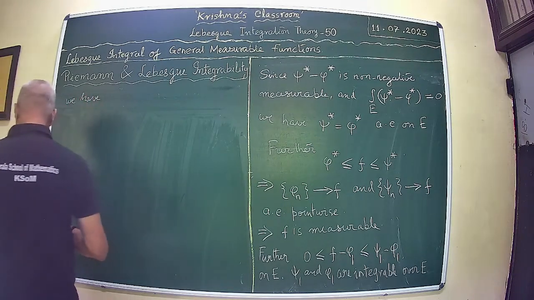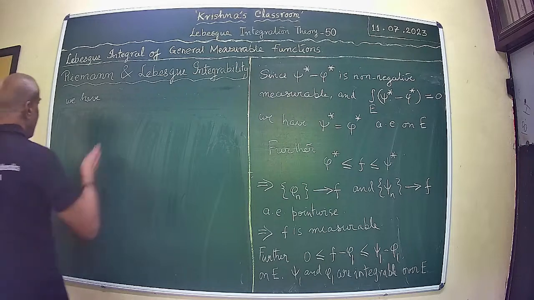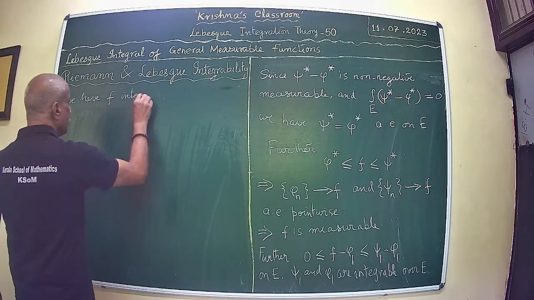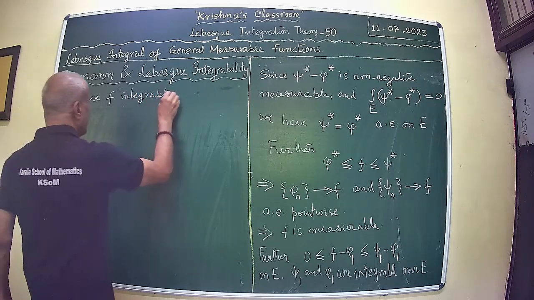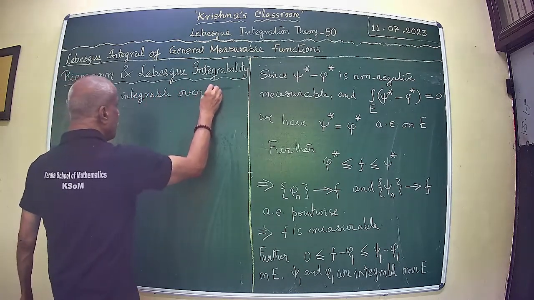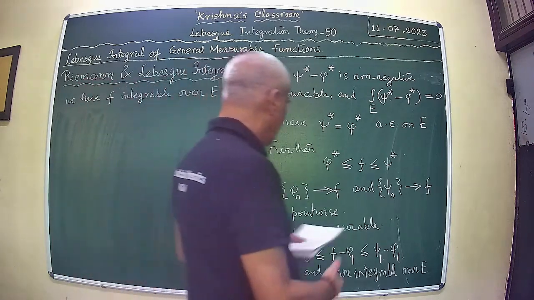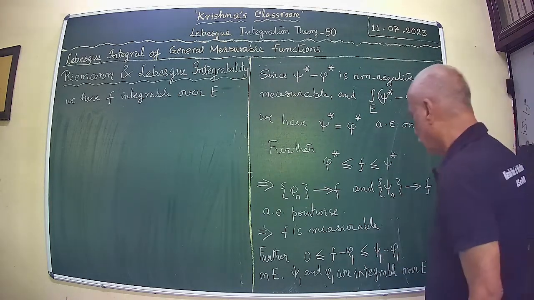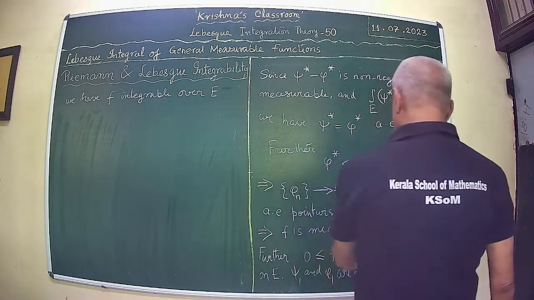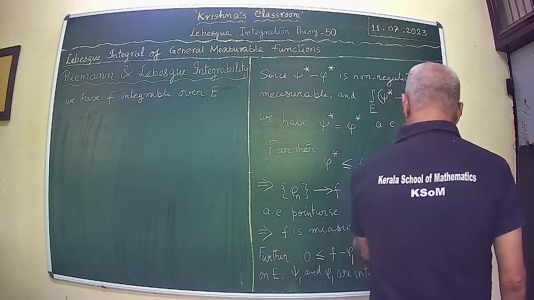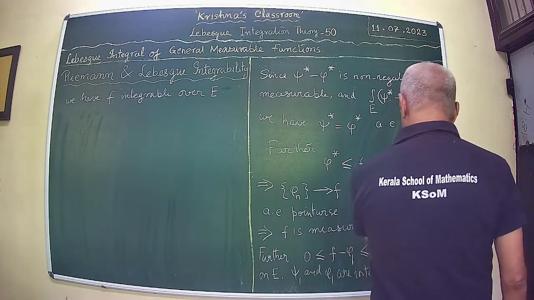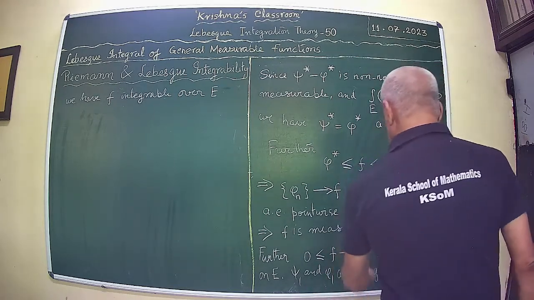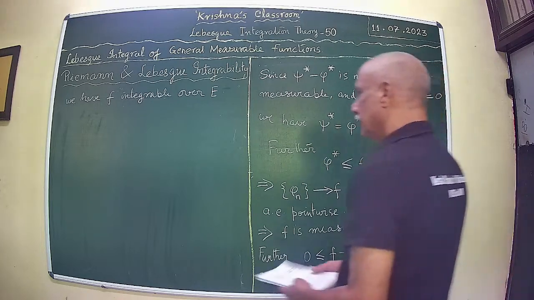We have f is integrable over E. That is because you see that this is less than or equal to integral over E of f minus phi 1. See, this is squeezed between these two. This is integrable, and phi 1 is integrable, therefore f is integrable.